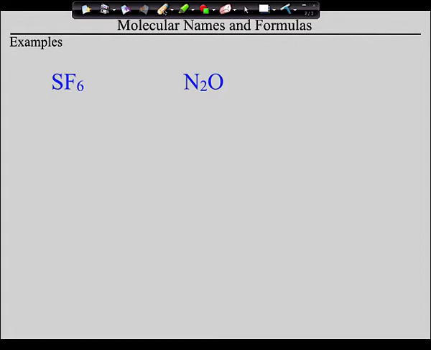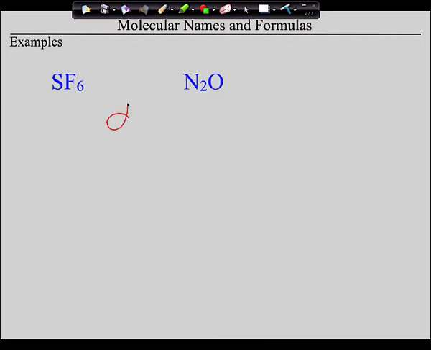No. So guys, hold on, don't panic, think. So guys, why did we not put mono in front of sulfur? Because it was first. But that rule only applies to mono. So yes, nitrogen is first, but there's more than one of them, so it has to have the prefix.